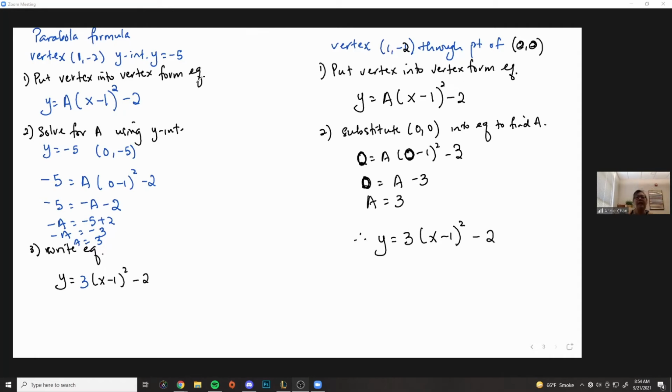Did you see the mistake that I made? So wait, when you put the vertex into the vertex form equation, shouldn't the negative 2 be a negative 3 now? Because you have negative 3 in the second part. Why did I have negative 3? Minus 2, minus 2, a is 2. So this is going to be 2.